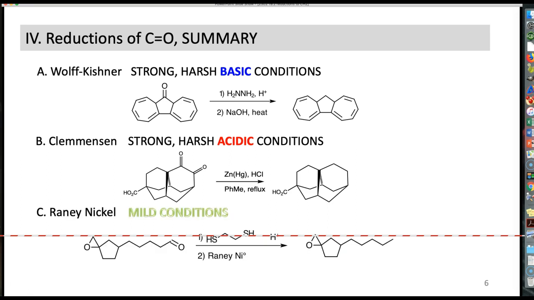Or the Raney nickel, which makes the thioacetal, and under some kind of bizarre magic chemistry that we don't even talk about, reduces that thioketal down to the alkane. So three choices. Just think about the conditions. Sometimes you can use any one of them, but sometimes it will make specific sense to use one of these methods over the other.